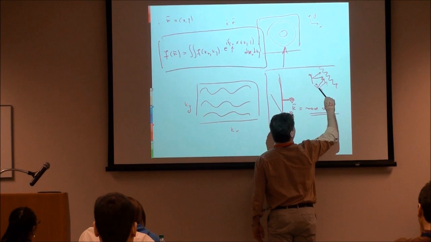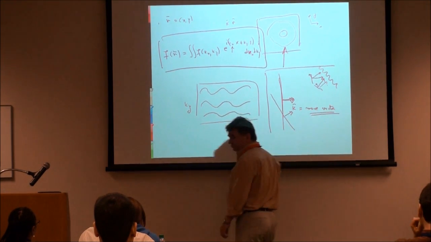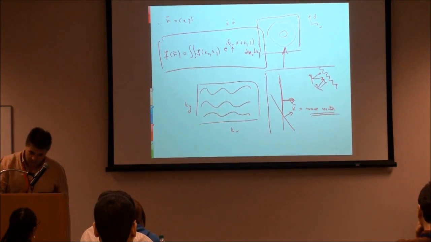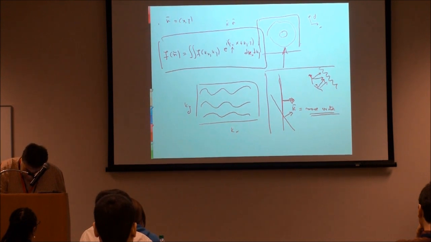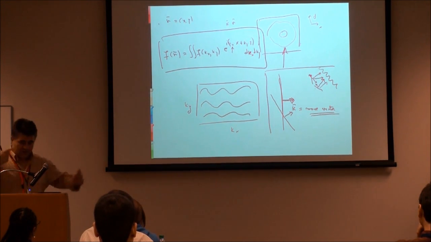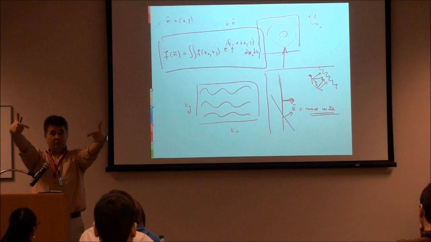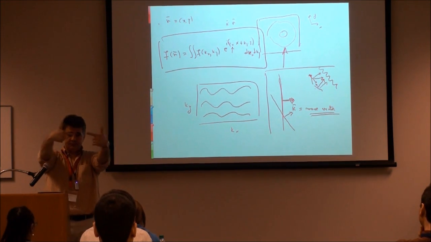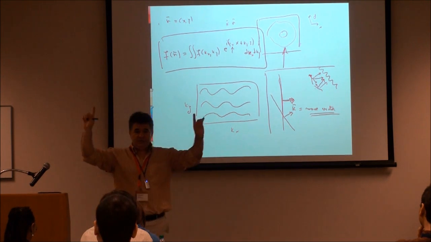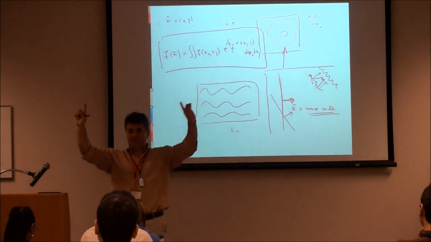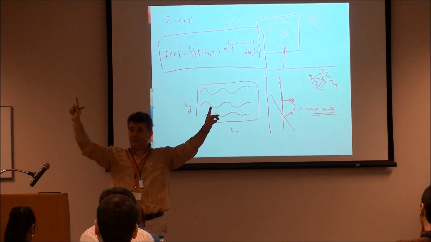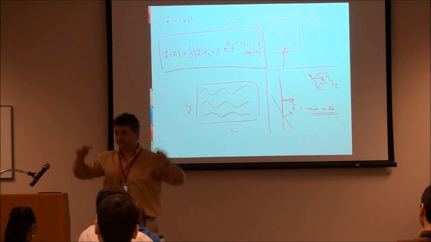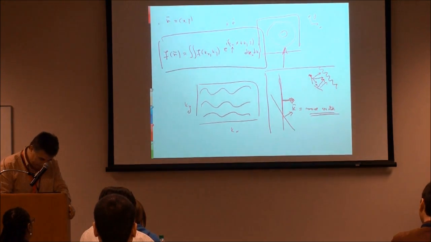What gives you is the counter-propagating ones. I drew them wrong already. They have to be counter-propagating like this. So you see the sinusoid is given by the components of the k vectors that are coming toward one another. That means each cosine is made of an e to the i k something and an e to the minus i k something. Let me write this again.